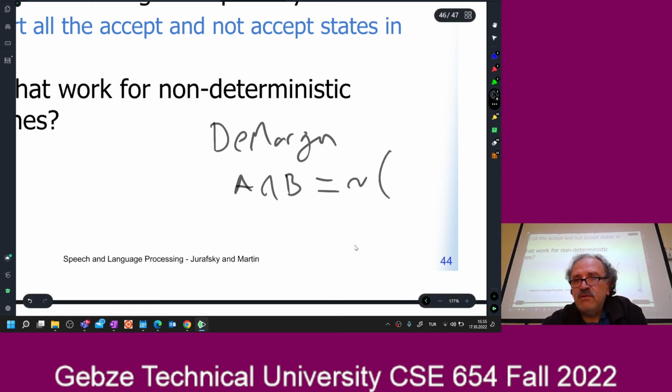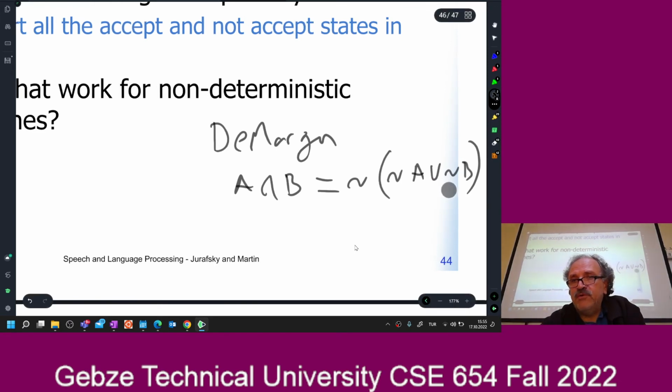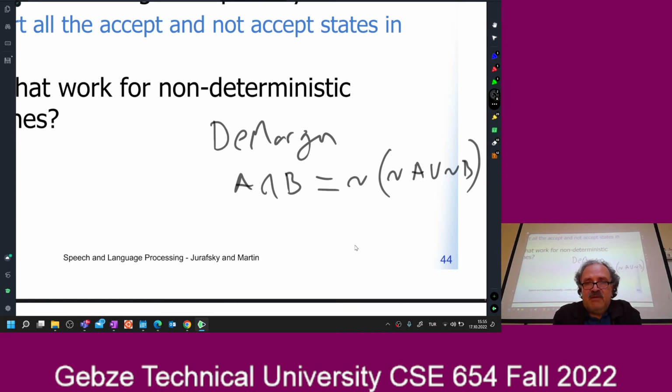Negation of A union negation of B. I know how to do the union. I know how to do the negation of both. And I know how to do the negation of the whole thing. So I can write a finite state machine that will accept the common words of both A and B and nothing else.